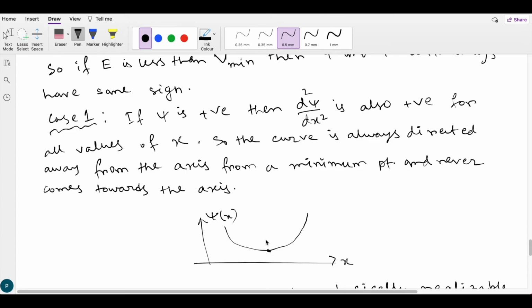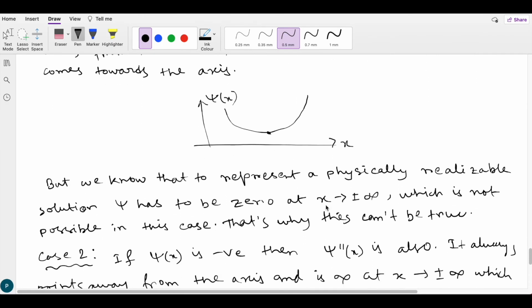So we can infer that the value of the wave function at plus or minus infinity is infinity, which is not a desirable condition, because we know that to represent a physically realizable solution, psi has to be 0 at plus minus infinity. So from here we can say that E has to be greater than at least V minimum.